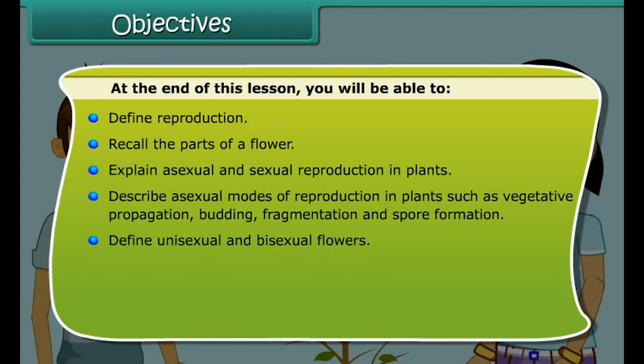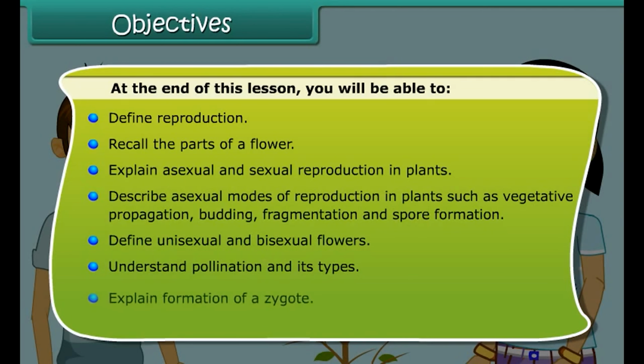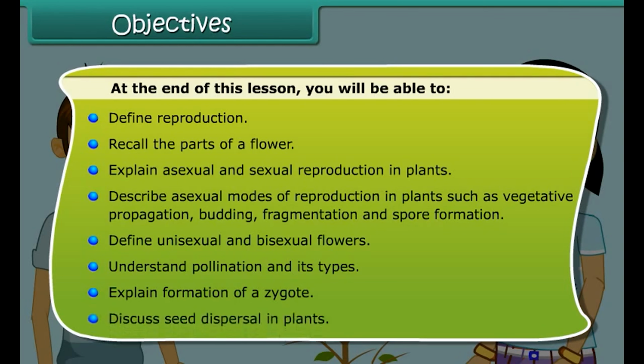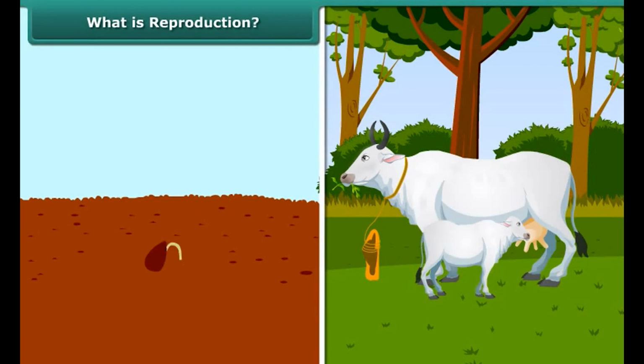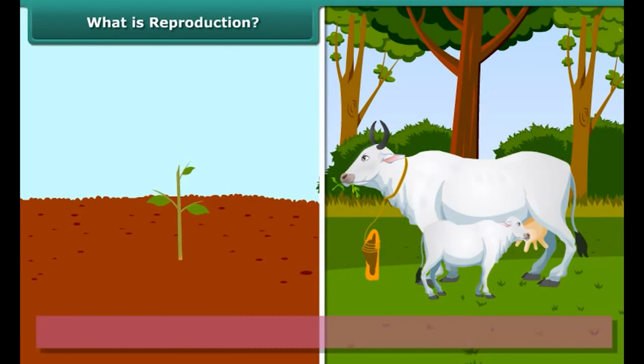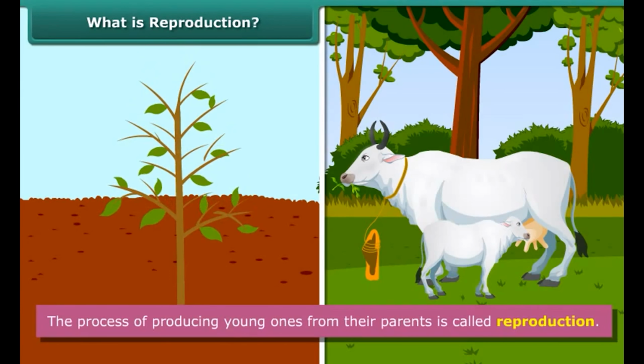Define unisexual and bisexual flowers, understand pollination and its types, explain formation of a zygote, discuss seed dispersal in plants. What is reproduction? The process of producing young ones from their parents is called reproduction.